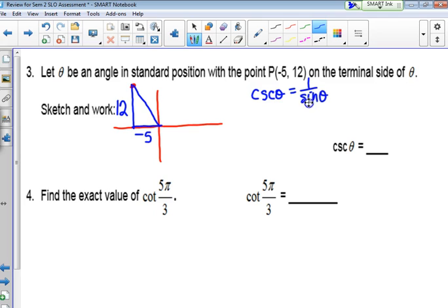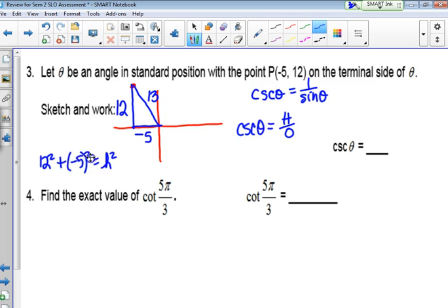Or its sine is what? Opposite over hypotenuse. So this one's going to be hypotenuse over opposite. So we do need the hypotenuse. So 12 squared plus negative 5 squared equals hypotenuse squared. We get 169 square root and we get 13.